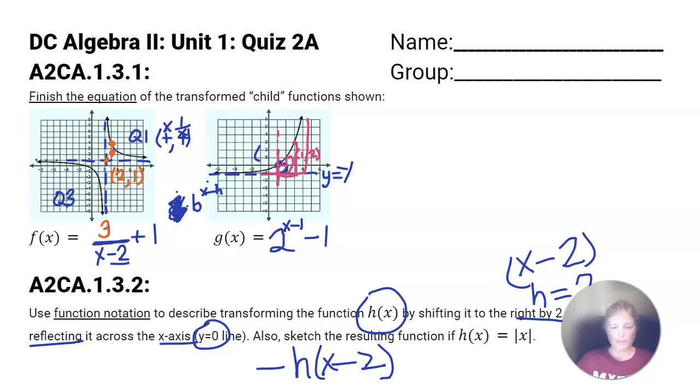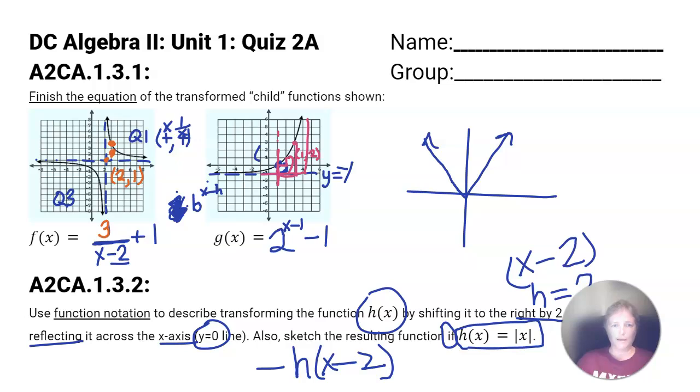Now it also says to sketch the resulting function if h of x is the absolute value of x. So I can go back to the verbal description and say, okay, I'm going to take my parent that looks like this, and I'll change colors. Let's go with pink again.